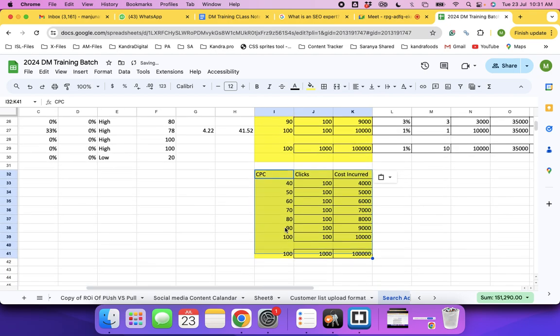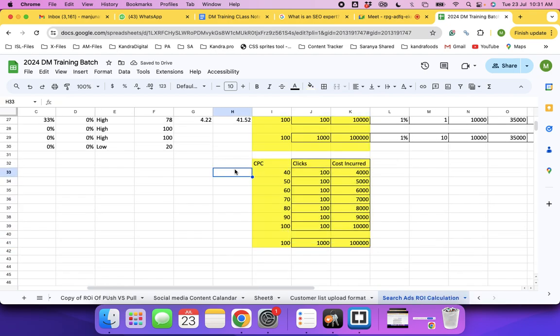So let's take the calculation freshly. So case one, keyword one. Okay, so K2, K3, K4, just think of them as different keywords or different case scenarios. CPC is 40 rupees, cost incurred is equal to this into number of clicks.